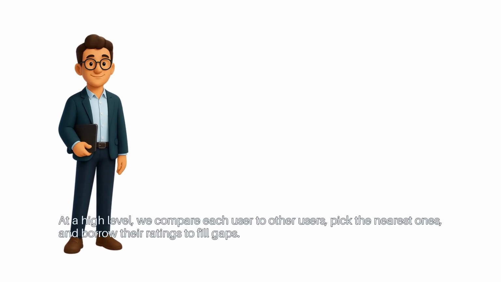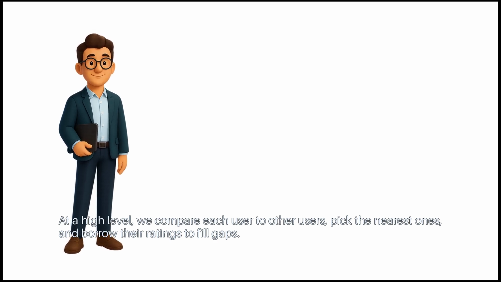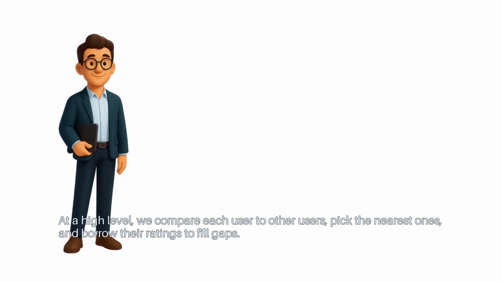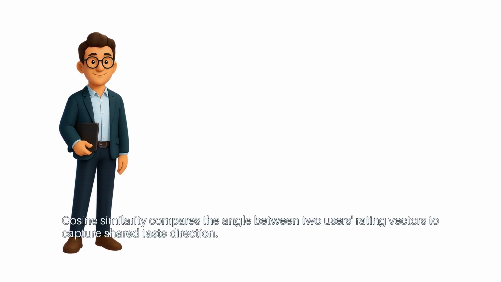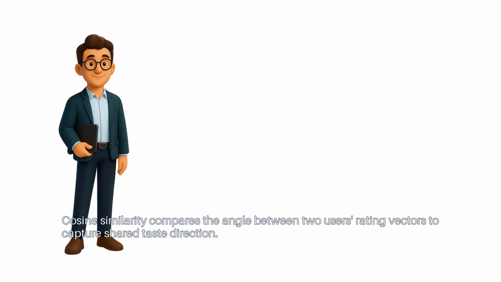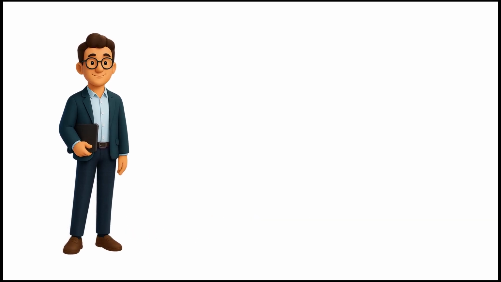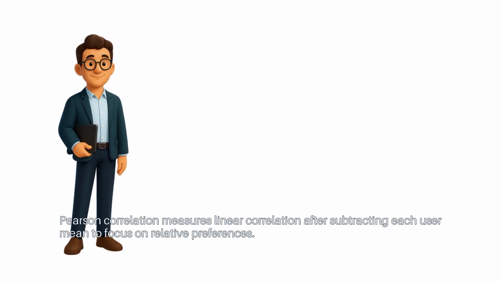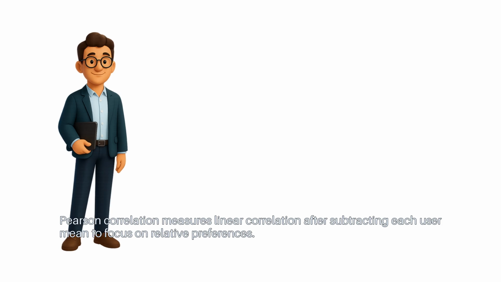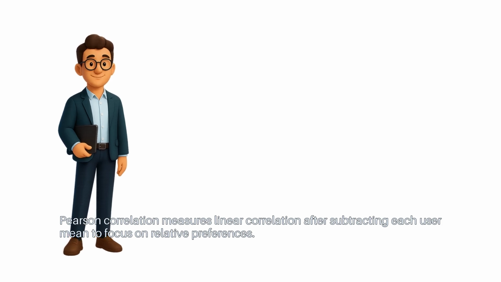At a high level, we compare each user to other users, pick the nearest ones, and borrow their ratings to fill gaps. Cosine similarity compares the angle between two users' rating vectors to capture shared taste direction. Pearson correlation measures linear correlation after subtracting each user mean to focus on relative preferences.